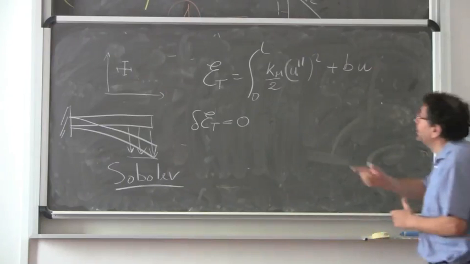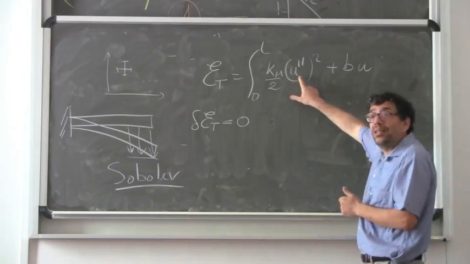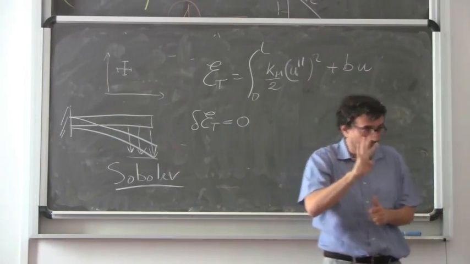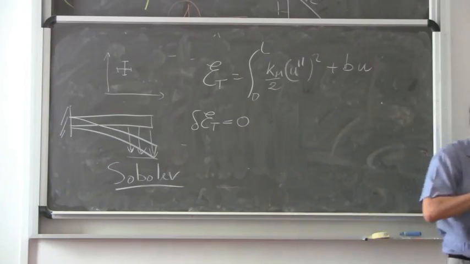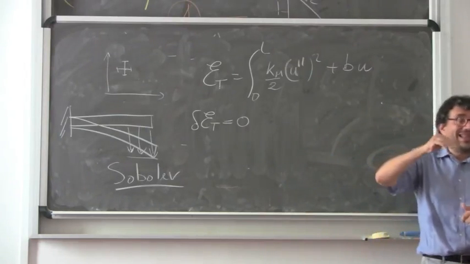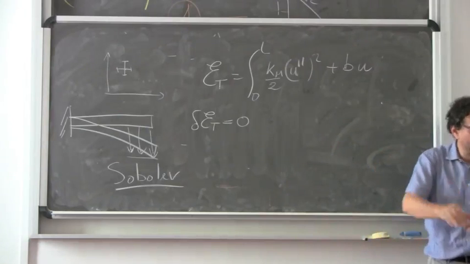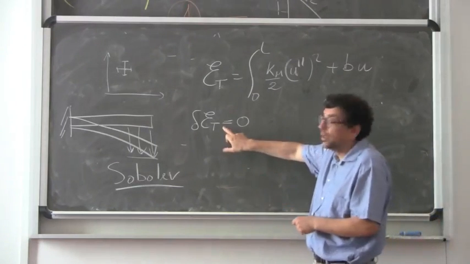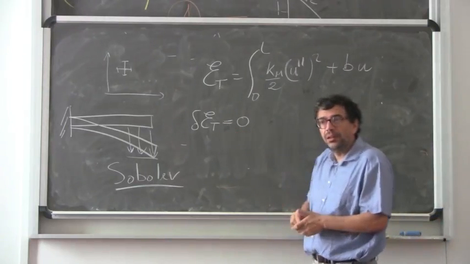Then what we needed to do? We needed to accept that this u is 4 times differentiable, and we found some necessary conditions for this equation.